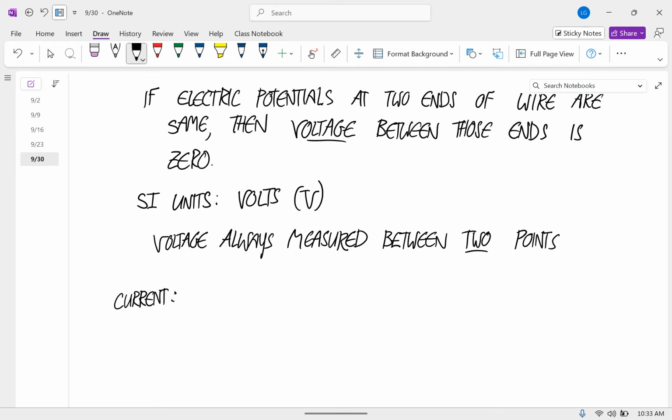And current is analogous to the rate of water flow, liquid flow. And the current is always going to flow from the higher electric potential toward the lower electric potential.